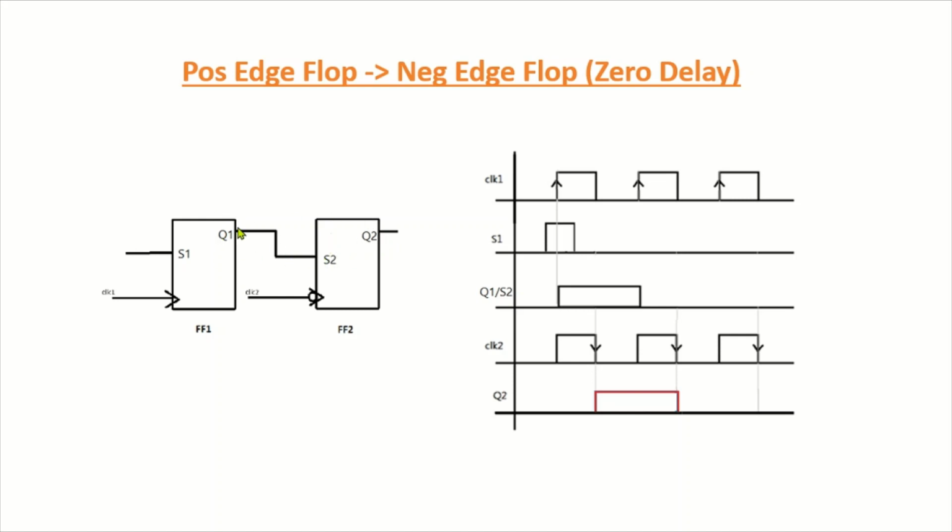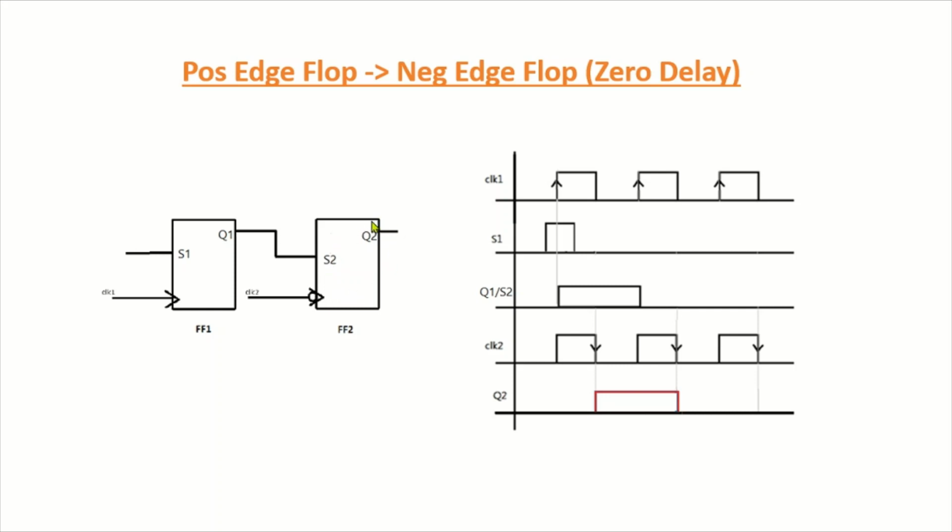Whatever output appears at Q1 will come at Q2, and Q2 will be the exact replica of Q1 only. Because of this, we lost the transitions which we need exclusively on Q2, and the coverage at Q2 is lost.